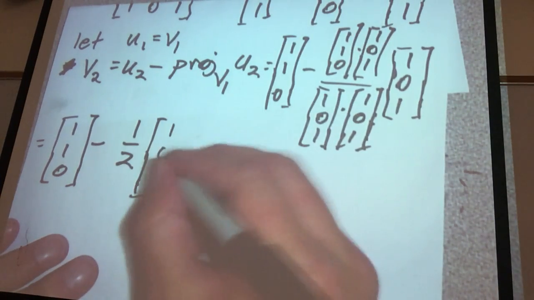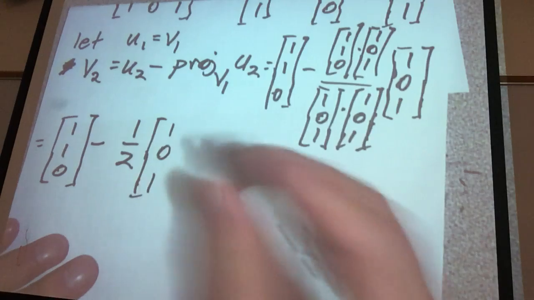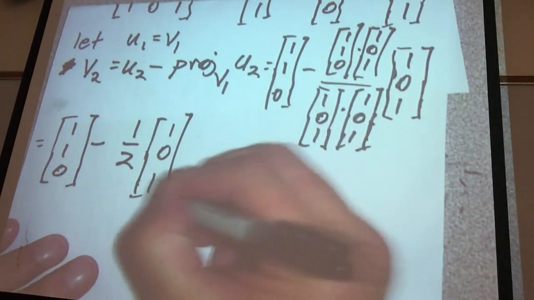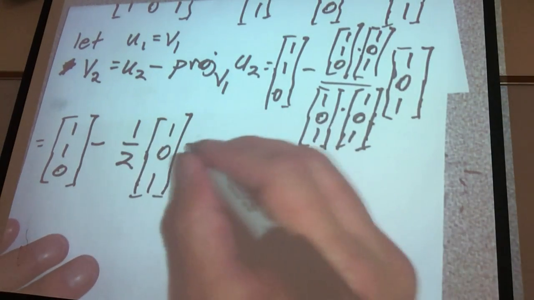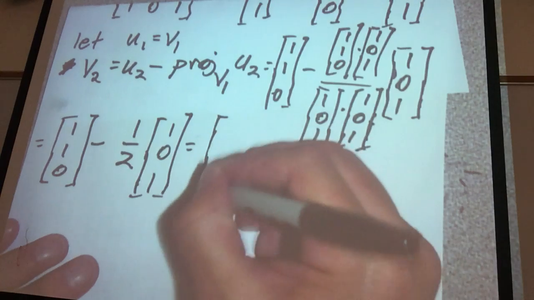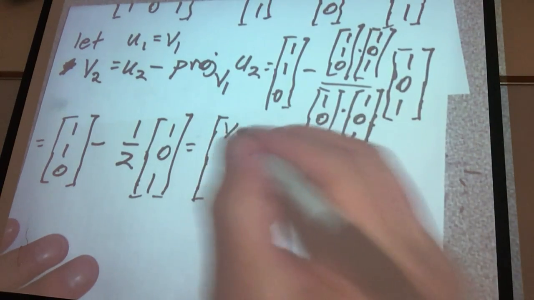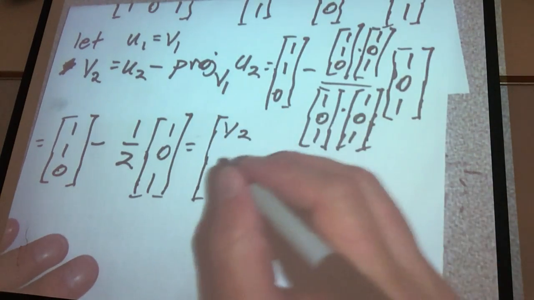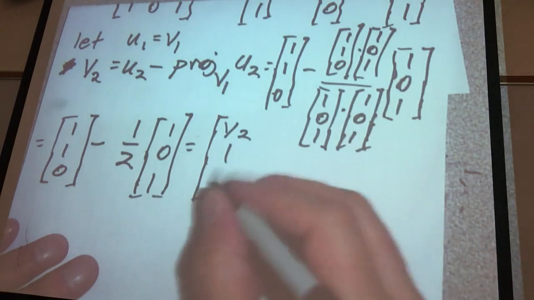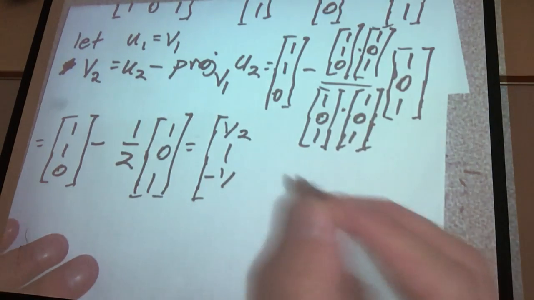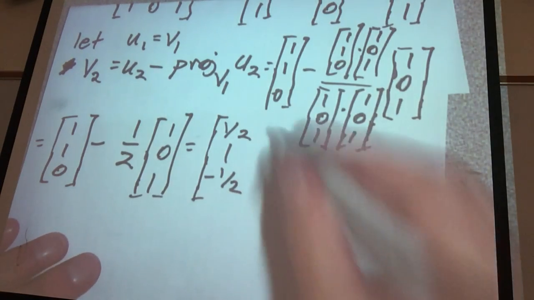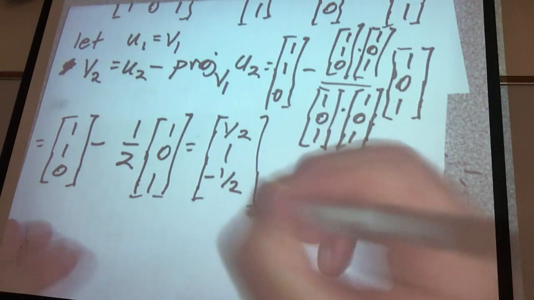And then 1, 0, and 1. So 1 minus 1 half would be 1 half. 1 minus 0 would be 1, and that would turn that into a negative 1 half.